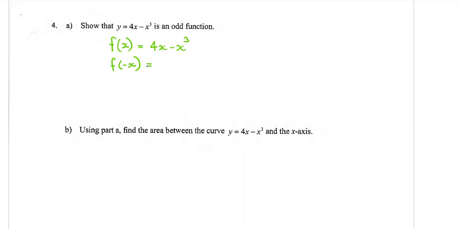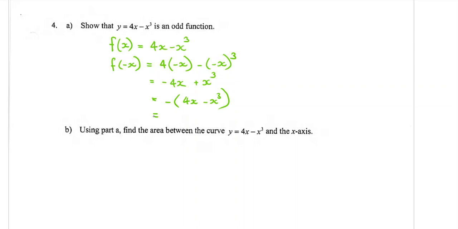We want the odd. So subbing minus x in, we have 4 times minus x minus minus x cubed. That makes minus 4x. The minus x cubed is still negative, but with the other negative there, it becomes positive x cubed. So it's not the same as the original, but if I bring a minus sign out and I get 4x minus x cubed, if I bring a minus sign out and this part in the brackets is the same as the original, then that is the definition of an odd function.